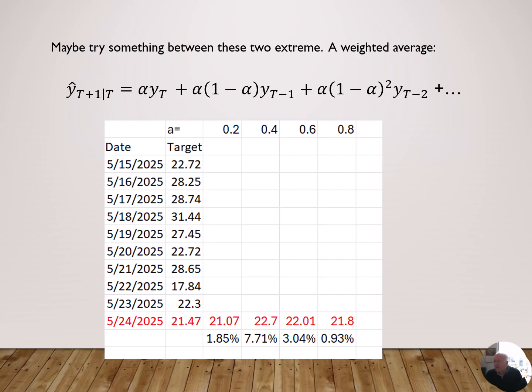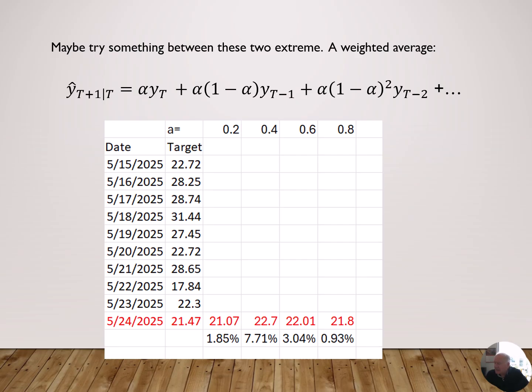So for example, if we have these observations and we're going to predict what the value will be on the 24th, these are used to train the data. If we use alpha equals 0.2, 0.4, 0.6, or 0.8, we'll get these values, and the actual value was 2147.